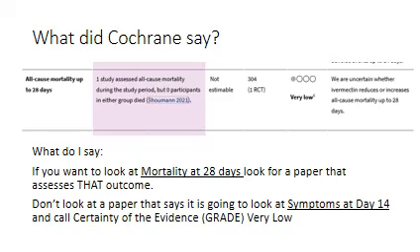If you want to look at mortality at 28 days, look at a paper which assesses that outcome. There's no point looking at a paper which says they are going to look at whether patients become symptomatic at day 14 and say that their evidence is useless because they are not looking at what you want them to look at, right? So I think this is very symptomatic of, in the sense that it's just basically a misunderstanding of this risk of bias assessment tool, right?